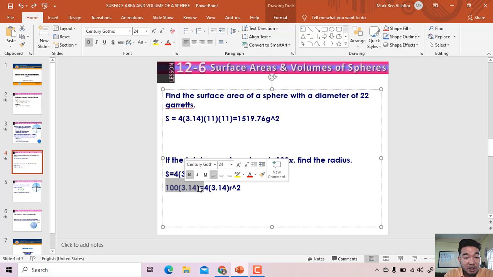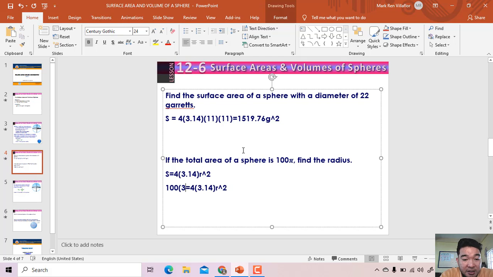So that's the division property of equality. So we remove already the 3.14. And then to eliminate 4 here, we divide the whole equation by 4.